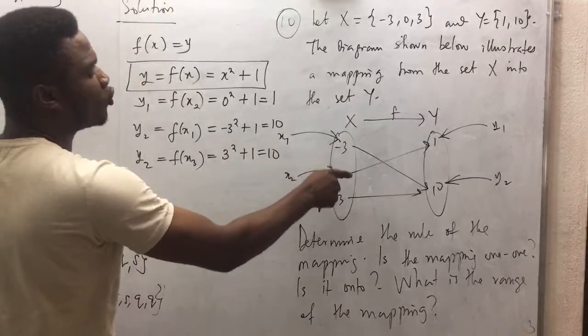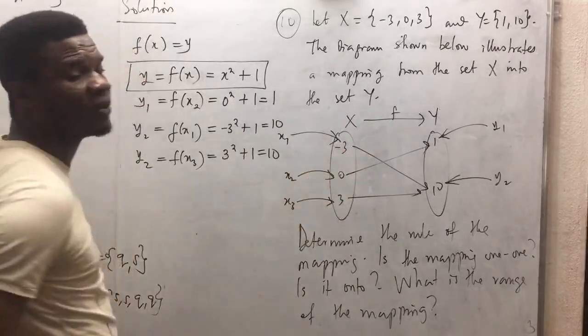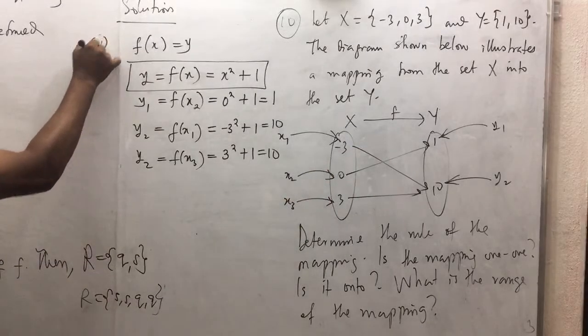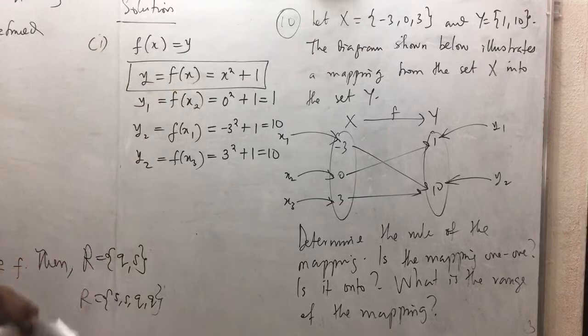That's the reason why 0 squared, which is 0, plus 1 is giving you 1. So the answer to the first question, determine the rule of the mapping: the rule is y equals f of x is equal to x squared plus 1.